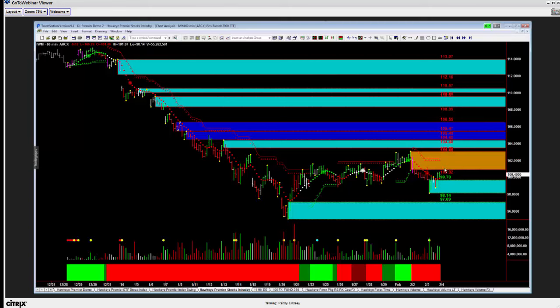Very good possibility to retest 100 in this level, but to come right back down, target being 97.09. Right there. So watch for it to break through 98.14 with an eventual target of 97.09.